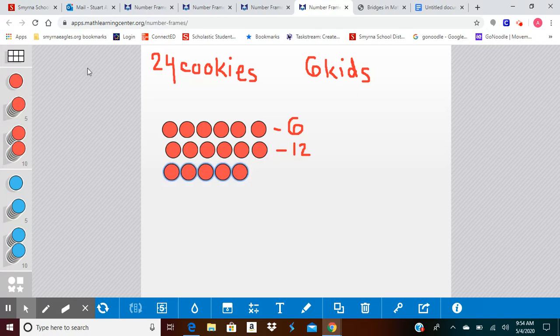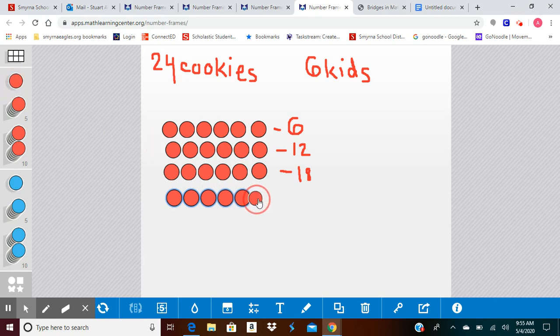Okay, let's add the 6 more to our 12: 13, 14, 15, 16, 17, 18. Well, 18 is pretty close to 24, so we should be getting really warm. Let's try another row.